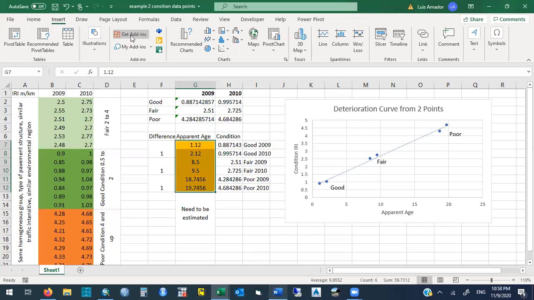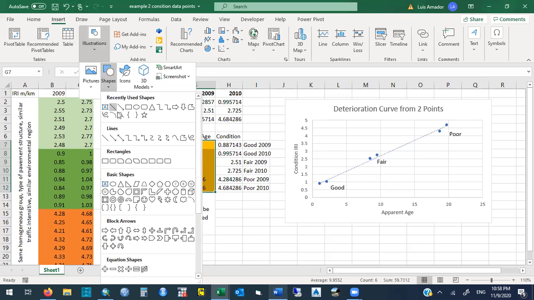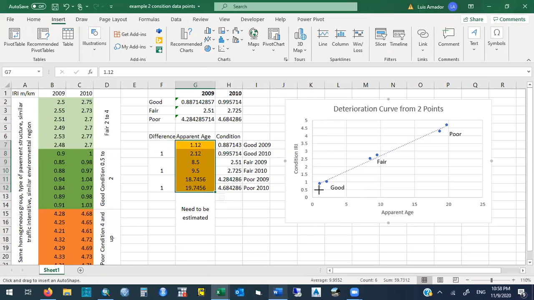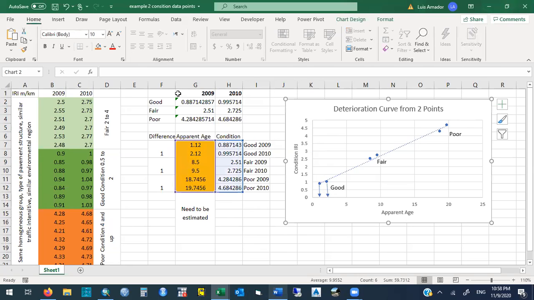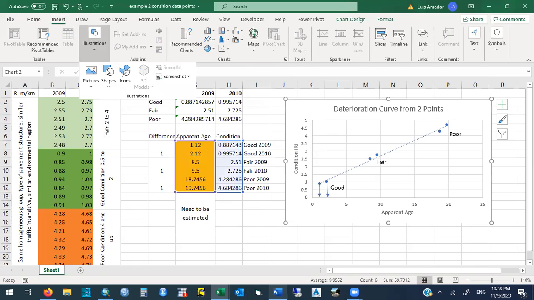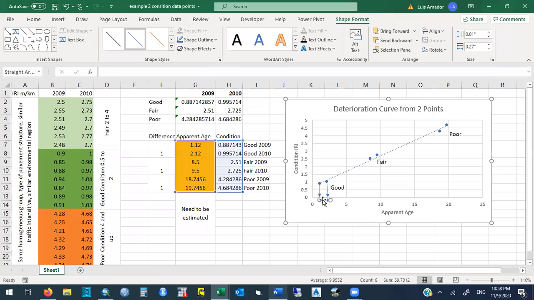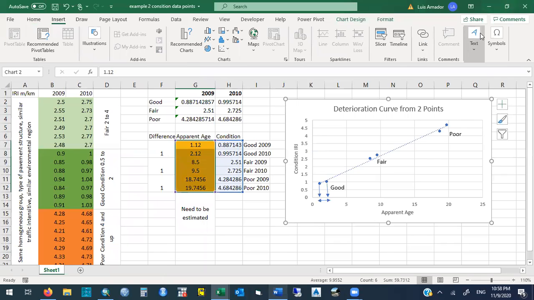So I have to go and read what is this corresponding age here. What is this corresponding age here? And this difference that I observe here has to be exactly 1 year in this case.